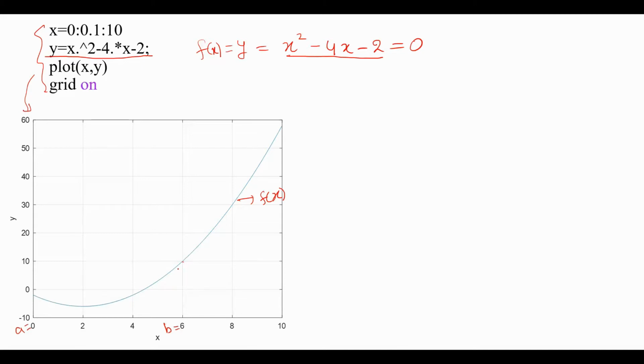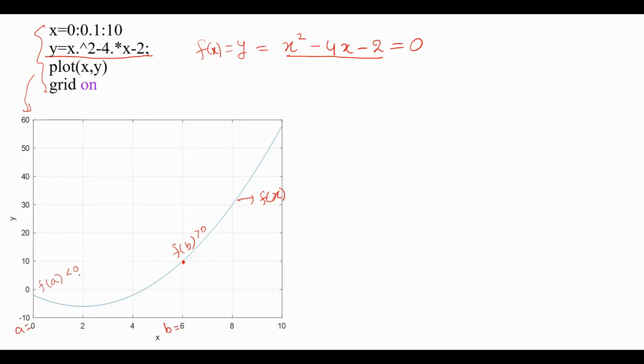You can see easily that f of x is continuous, and this value is f of a, and this one value will be f of b. So you can easily see that f of a is less than 0, negative, because it is lying below 0, and f of b is greater than 0.